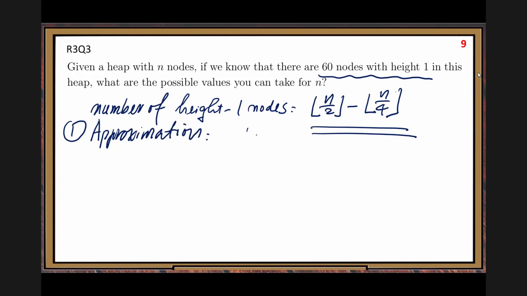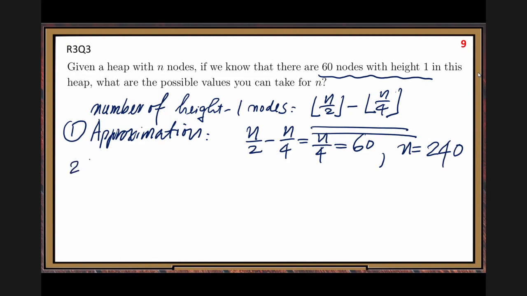Just n over 2 minus n over 4 equals n over 4 equals 60. To find n, that's easy, right? 240. The first step, the answer should be around 240, okay?